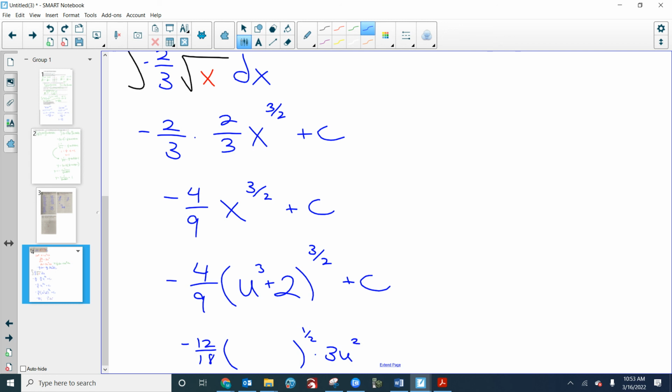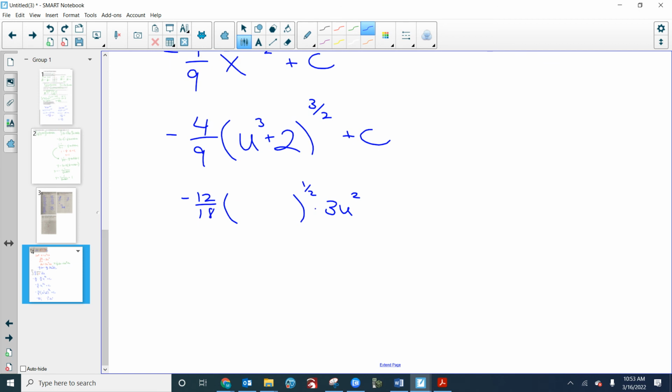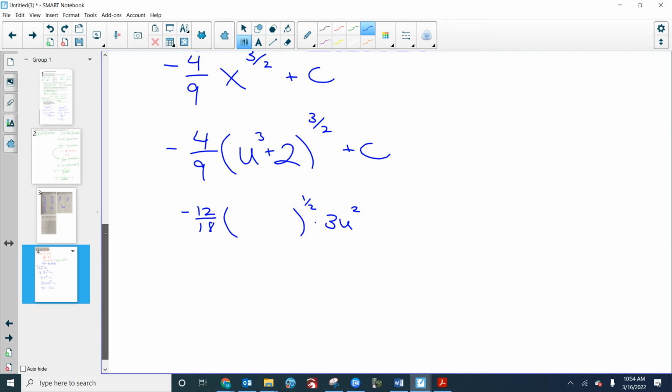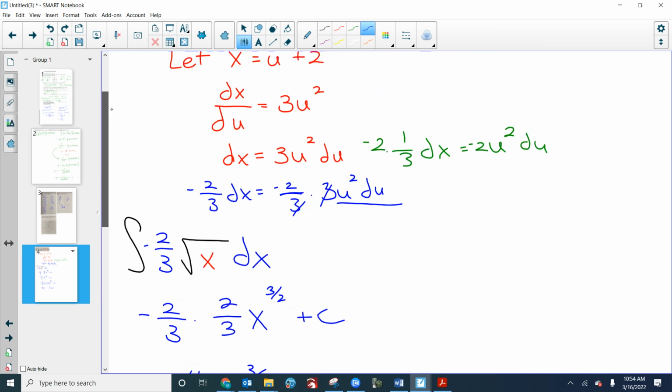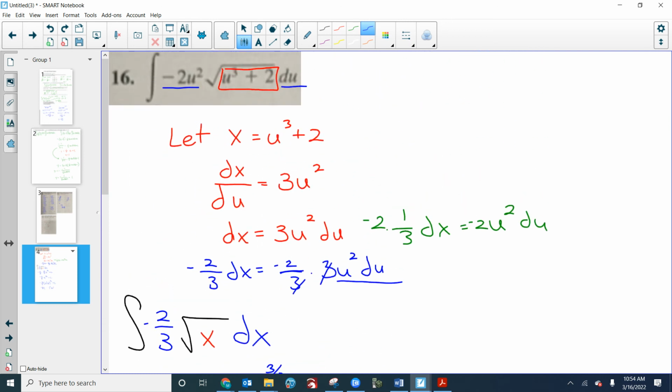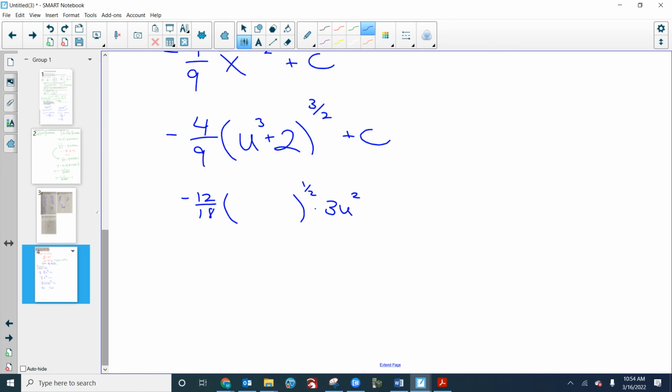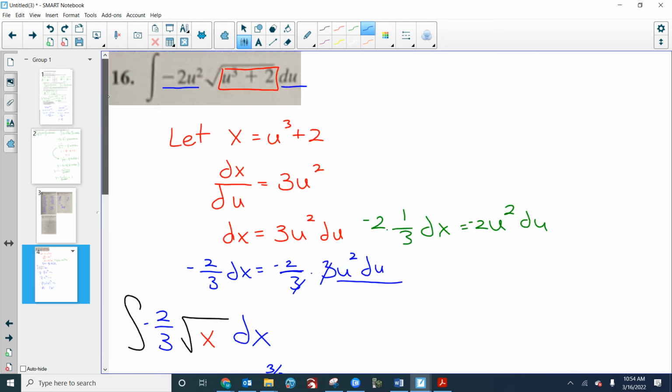What does a 3 combine with to make with -12/18? -2. And what do we have out front? -2. u squared, right? Negative 2 u squared times the square root of the junk inside. And the junk inside was u cubed plus 2.